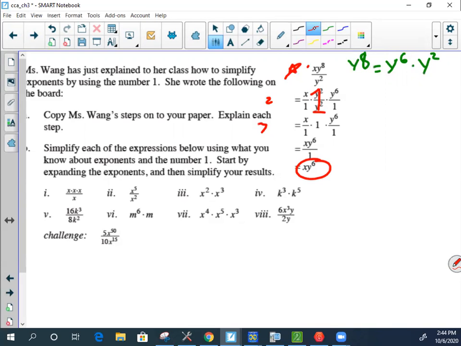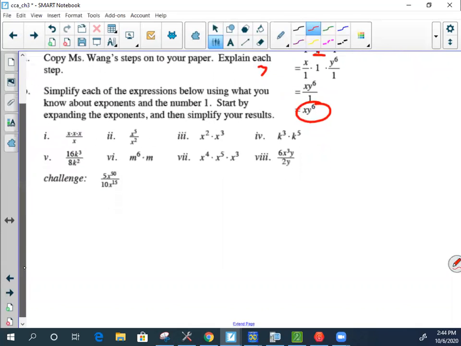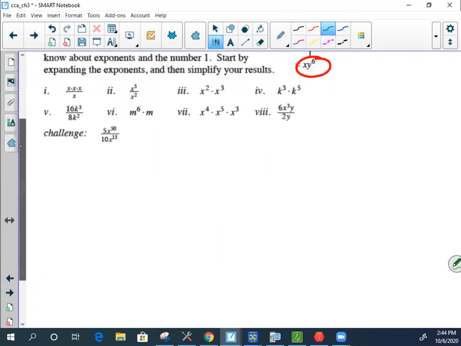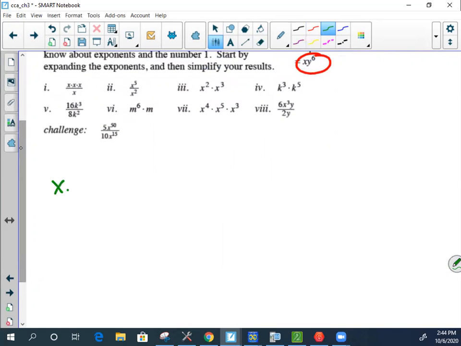All right, we're going to go through 3 examples of this in this video. So we'll do 1, 2, and 3. I would always start these by writing them out. So I have x times x divided by x.